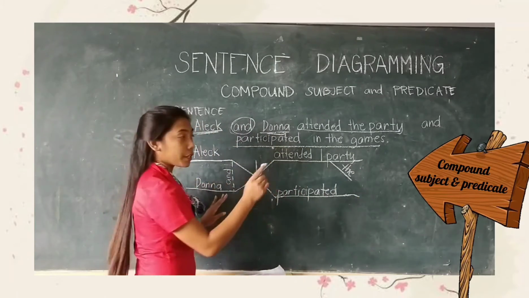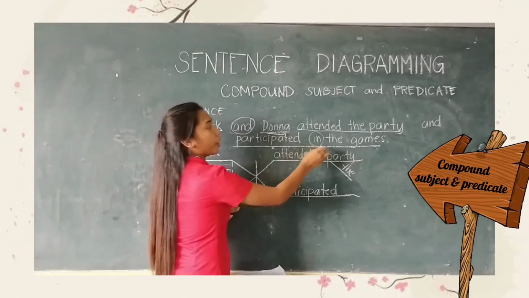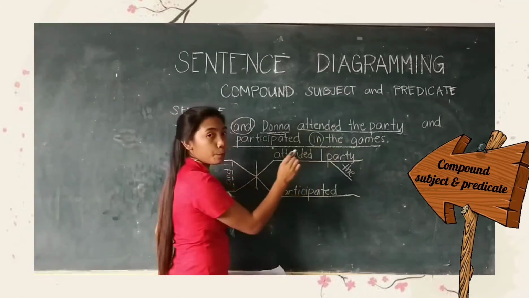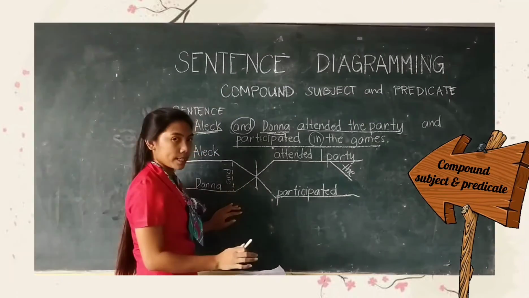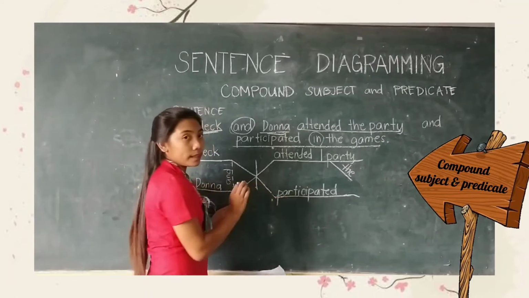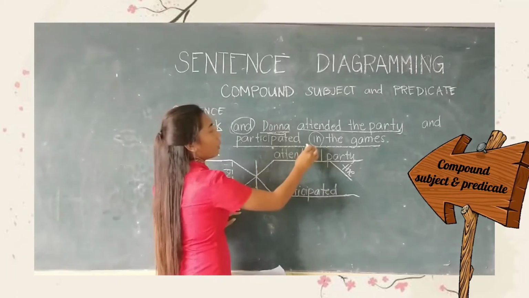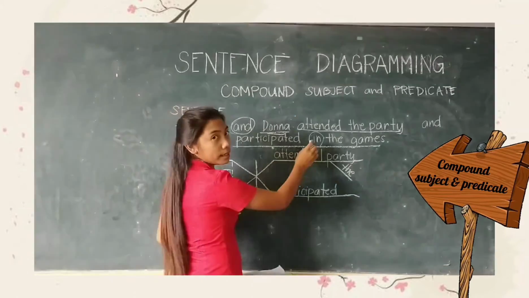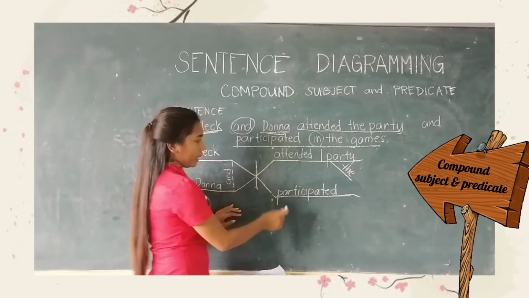So, since there is a presence of a preposition, therefore, this group of words is already considered as a prepositional phrase and must be written under the word it is connected to or under the word it modifies. So we have to write this prepositional phrase under the verb participated.